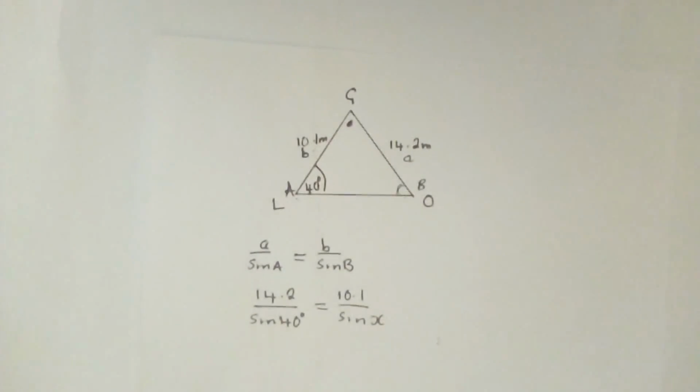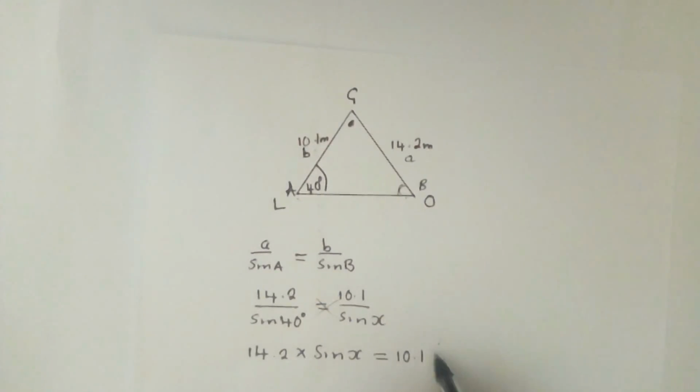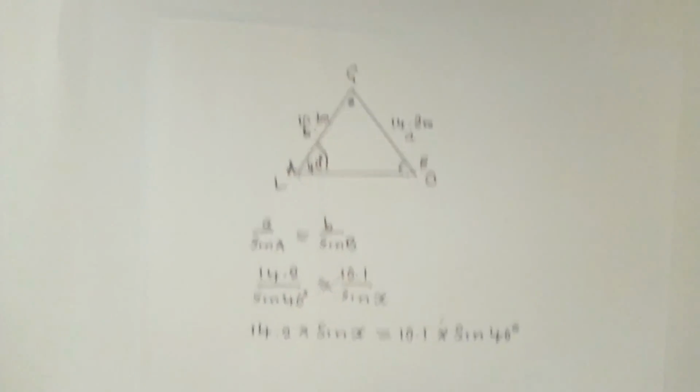So now we can solve, and we cross multiply here. We have 14.2 times sine x, which is equal to 10.1 times sine 40 degrees. We're just doing cross multiplication here, this by this and this by this.